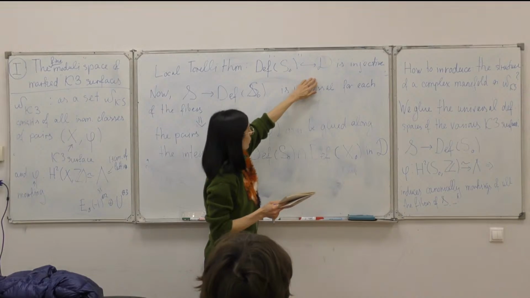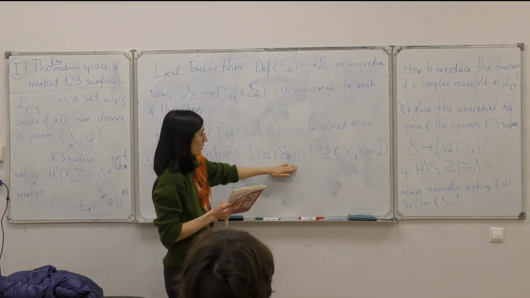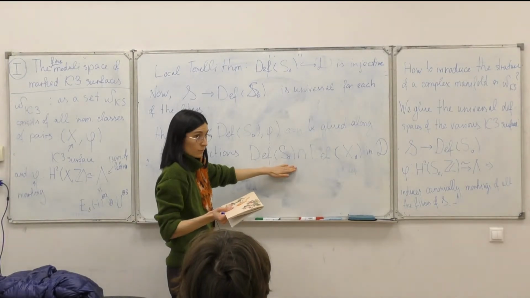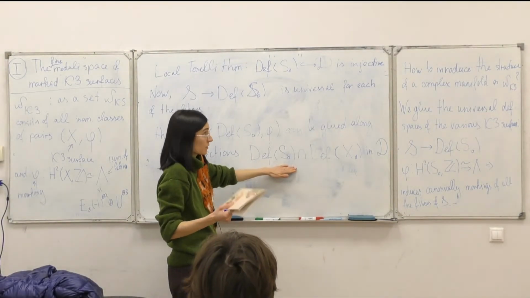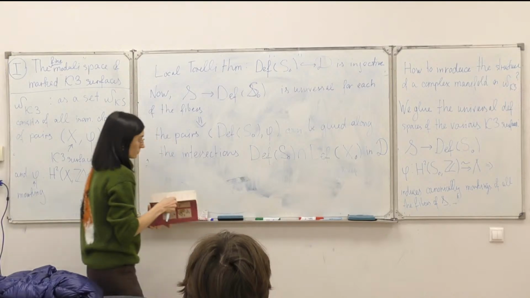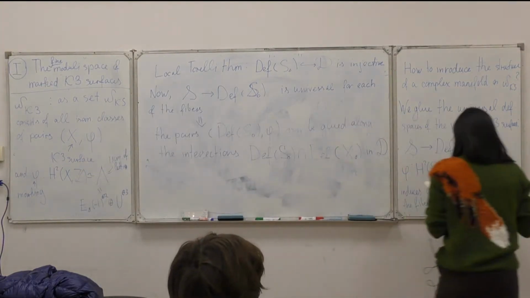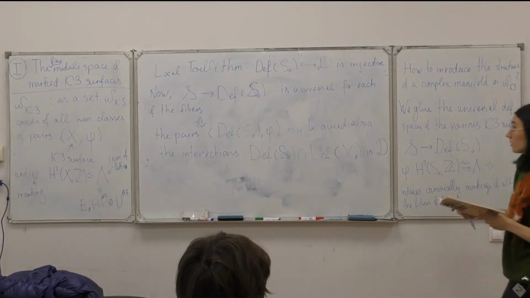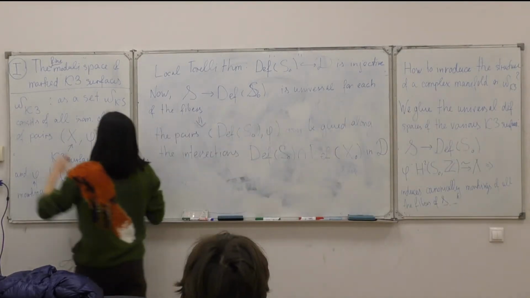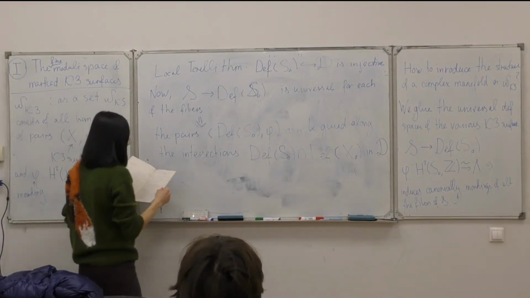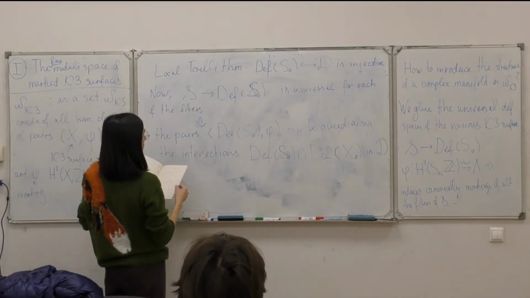So we glue them just along the corresponding intersection, okay? And obtain a structure of a complex manifold on this set. Okay, so good.